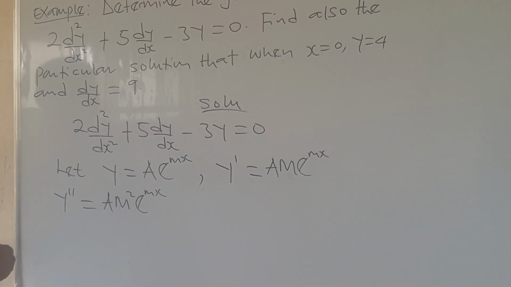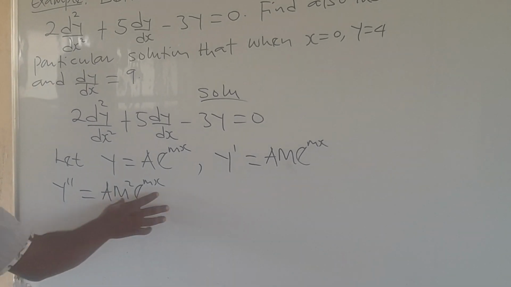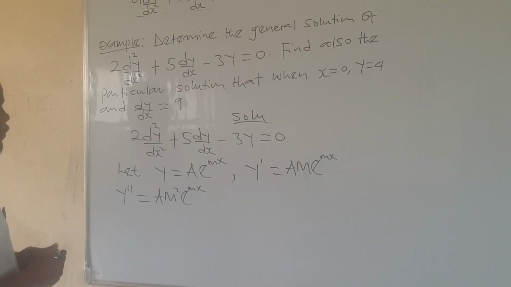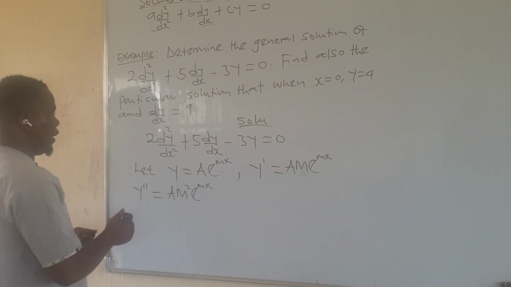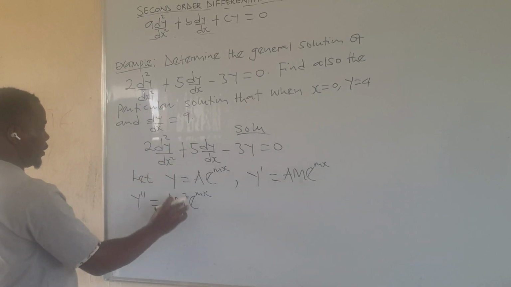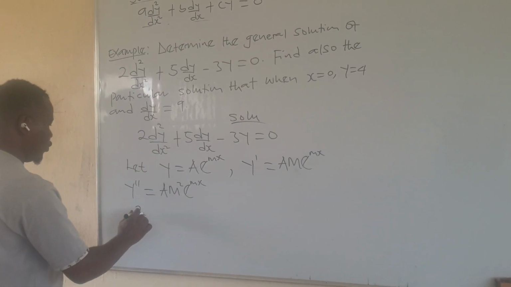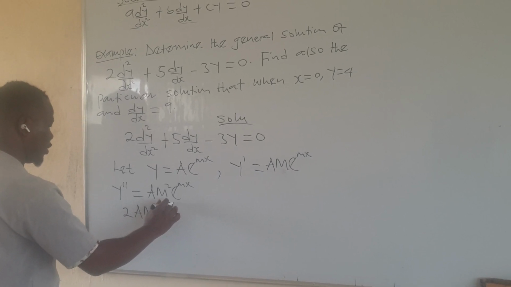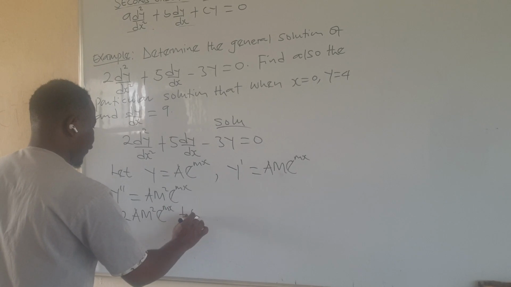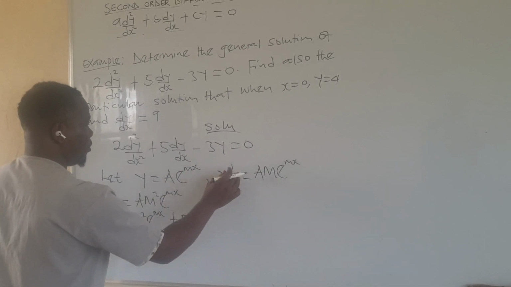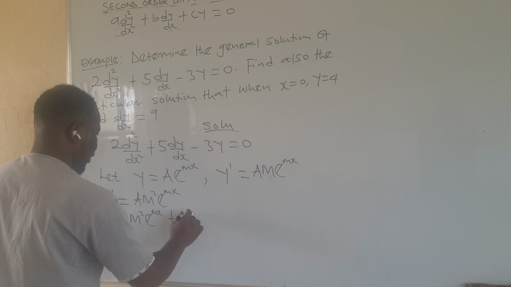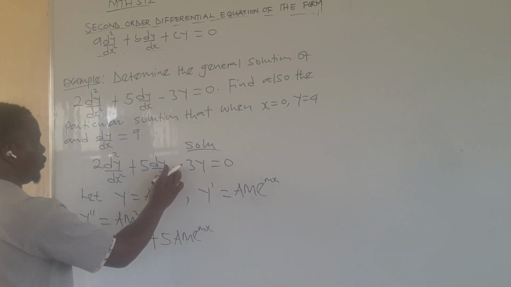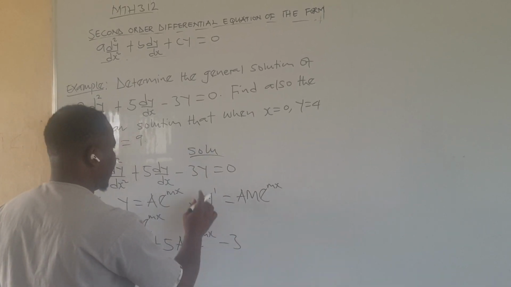So what you need to do here is substitute these into the differential equation. We have 2Am squared exponential mx, then plus 5, our y prime here, which is Am exponential mx, and minus 3y.